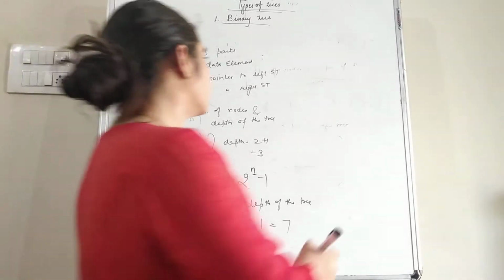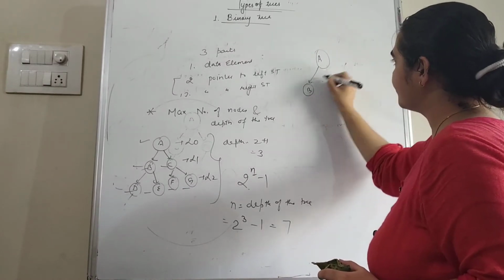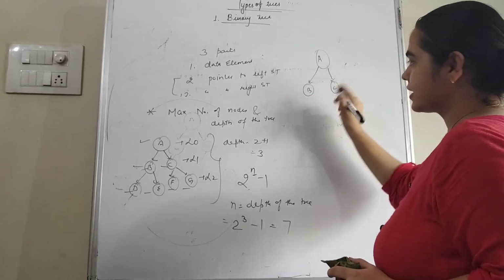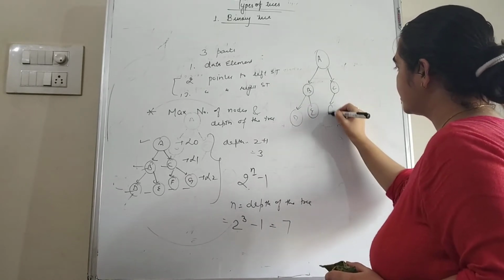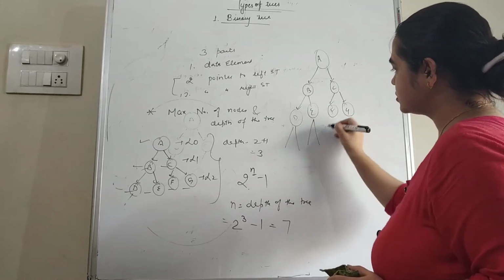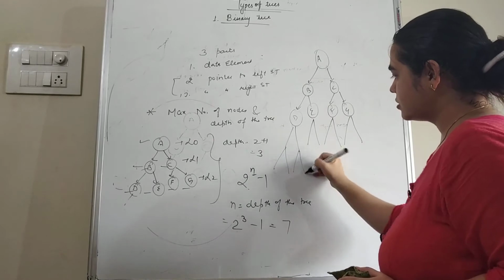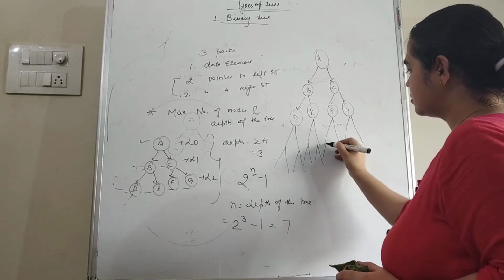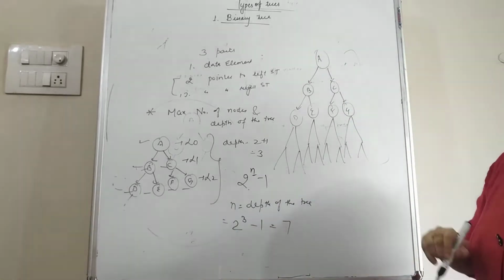So you can see in this example, this is depth 1, then after this we have 2 nodes, this is second level, then D, E, F, G, again 2 nodes for this, 2 nodes, 2 nodes, 2 nodes. Now for this again 1. Now you can see, now this is the depth 5 for this tree.